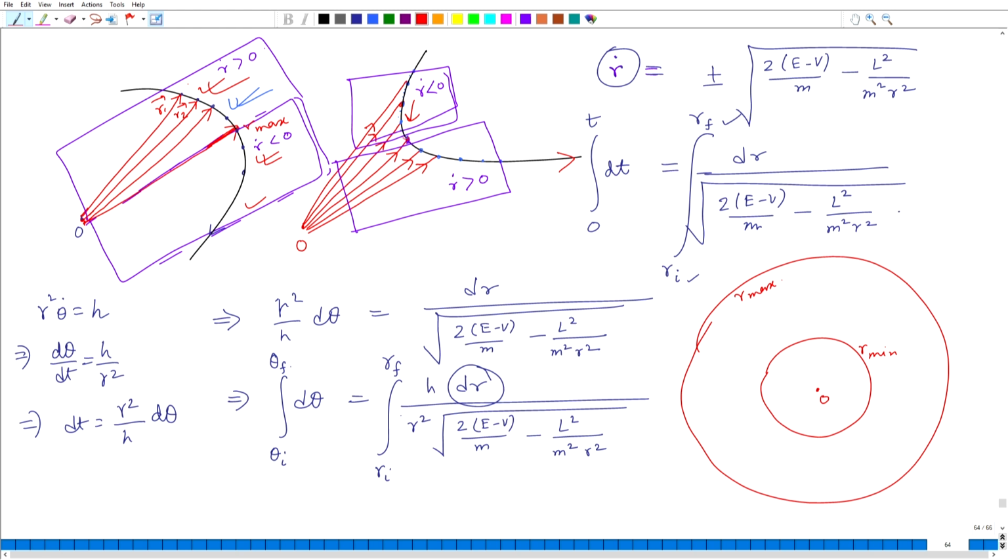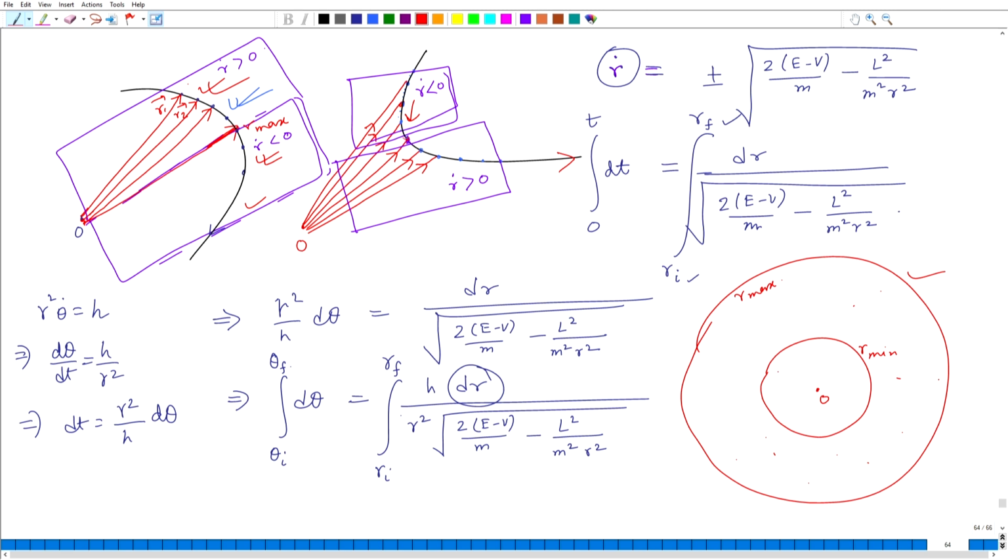Then I can say that the particle can move in between. The particle can move in a complicated trajectory or in a simple trajectory, I do not care for instance, but it will always be inside this annular region bounded by r min and r max. That is what the bounded motion actually means.